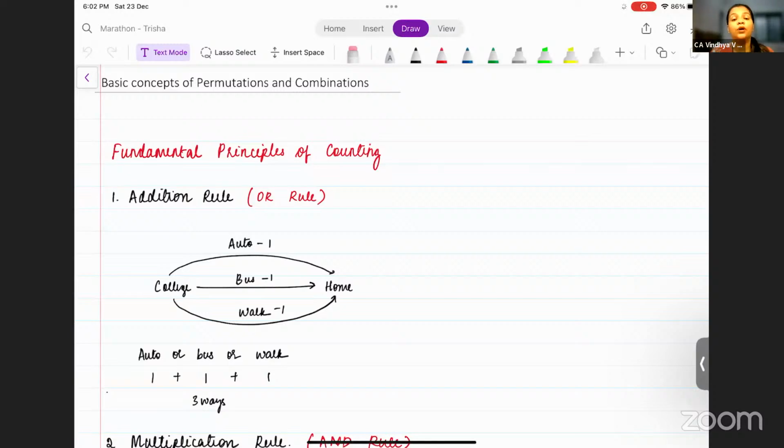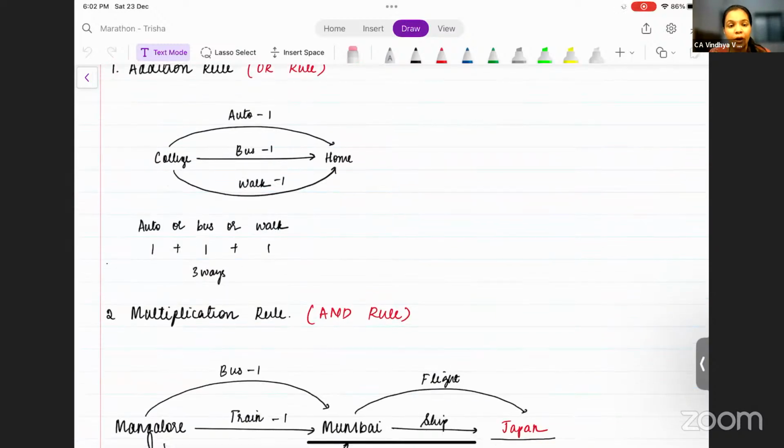So here, when you consider alternates of completing a task or a job, then the addition rule, that is the OR rule, comes into picture. So auto becomes your one particular way, bus becomes another way, and walk is yet another way. So total number of ways here are three. So what does this mean? It means that there are three alternative ways of performing the job or the task.